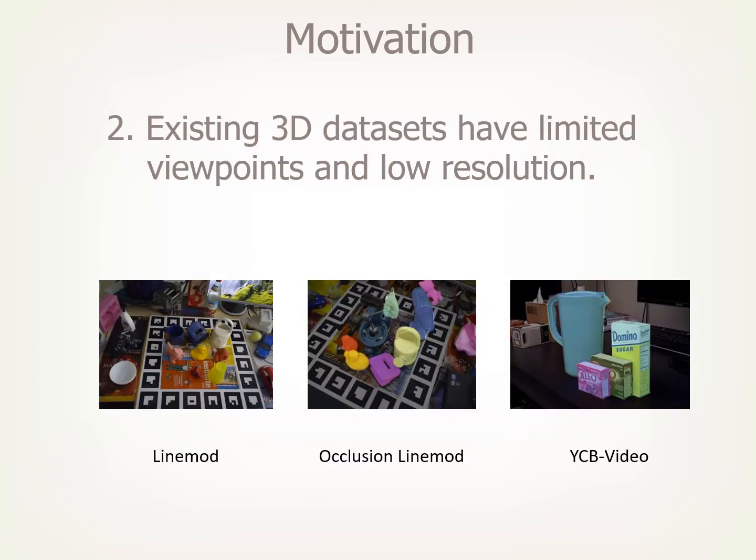Secondly, available 3D datasets that are used to estimate object poses have limited viewpoints and low resolution. On the other hand, collecting and labeling real-world data is a tedious and labor-intensive process.